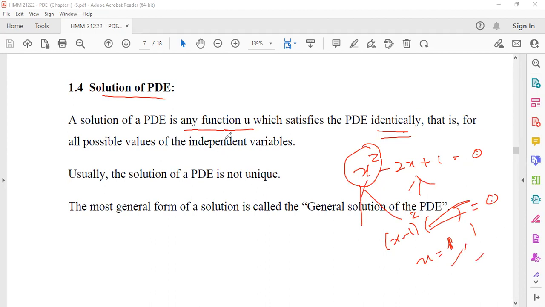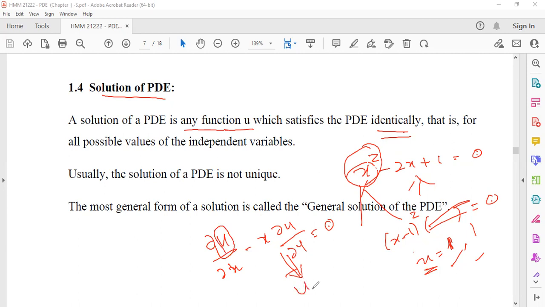Similarly, if you wanted to solve, say, ∂u/∂x minus x ∂u/∂y equals something, we haven't seen the solution method yet. But just as we solve x squared to get the answer x, here our function is u.